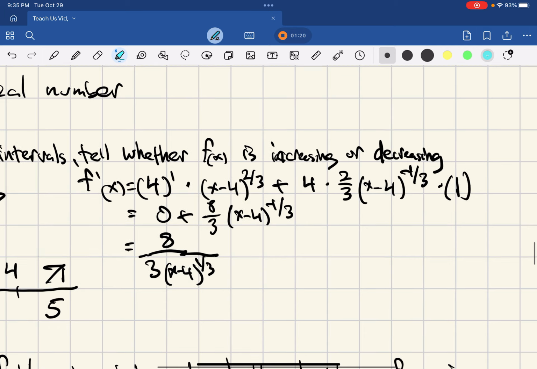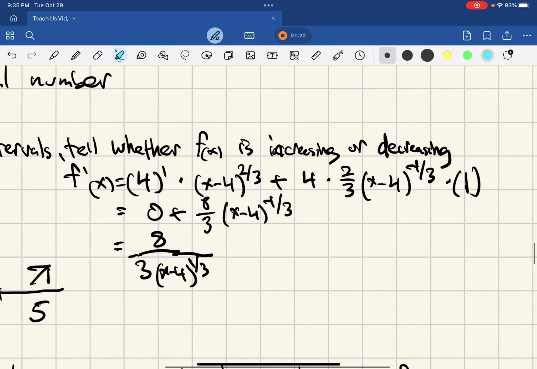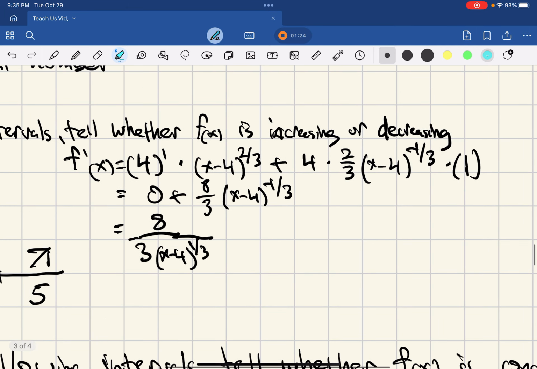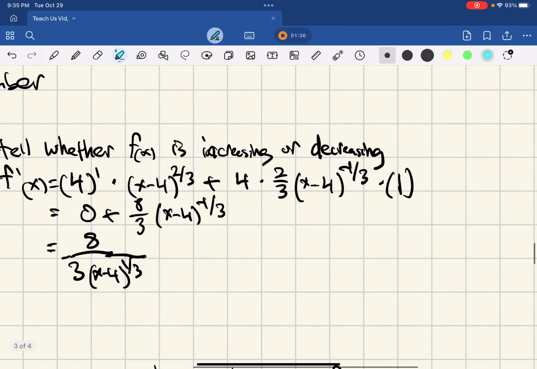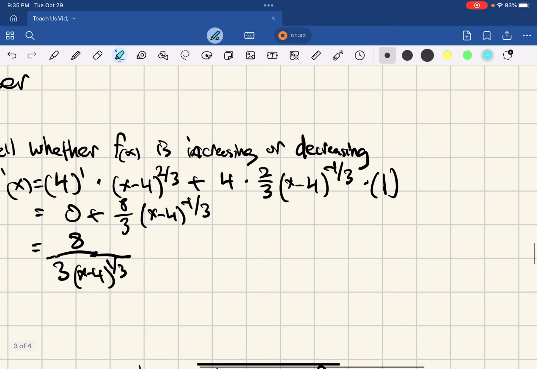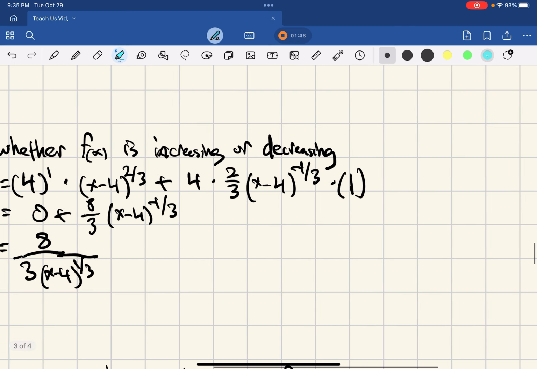So here we have the first derivative of the function is 4 prime times (x minus 4) to the 2/3 power plus 4 times, this is where the chain rule comes in, 2 over 3 times (x minus 4) to the power of negative 1 over 3 times 1.